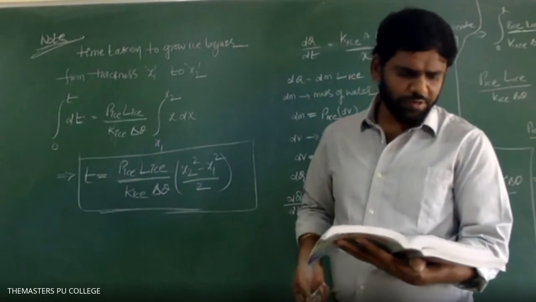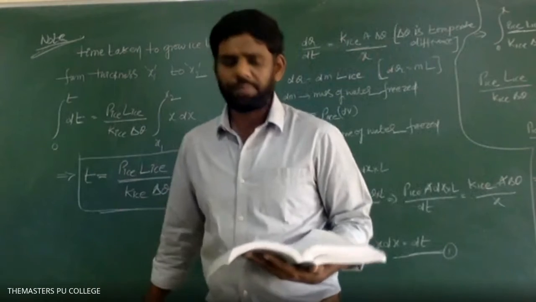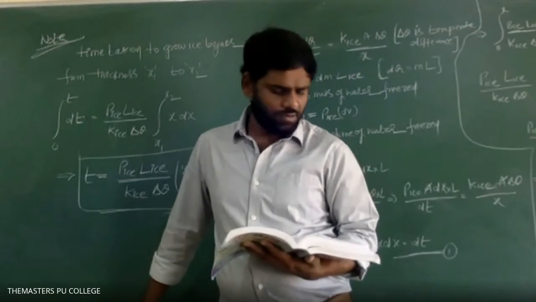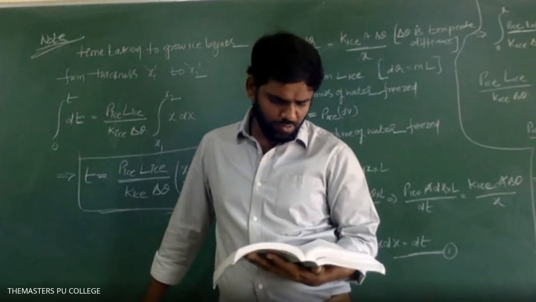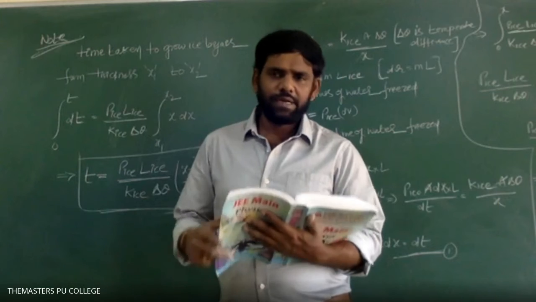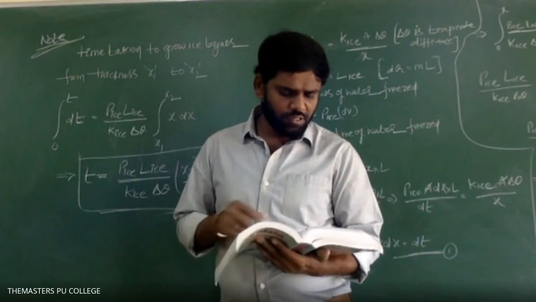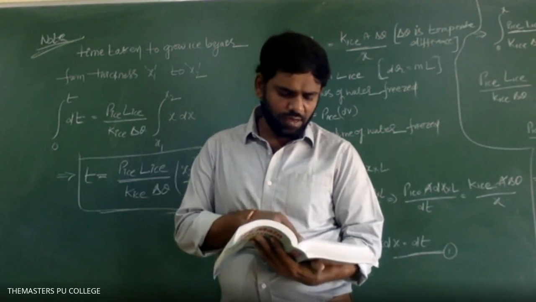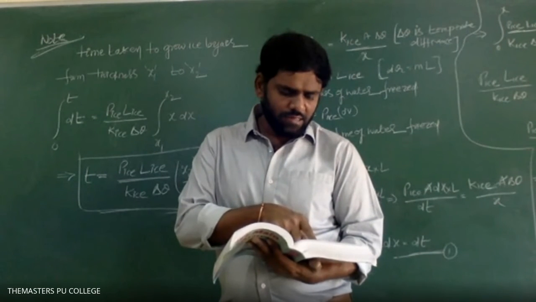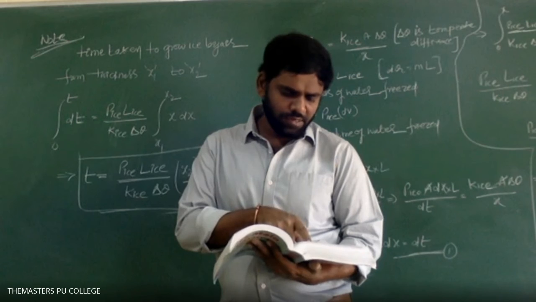So, coming to page number 882, that is the only solved problem, the 7th question. Have a look at it. A pond has an ice layer of thickness 3 centimeter.